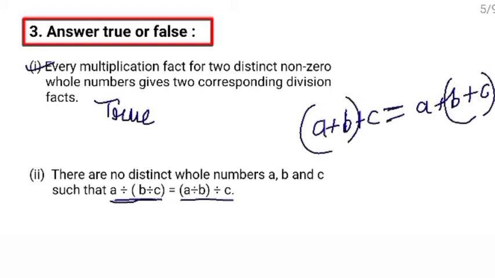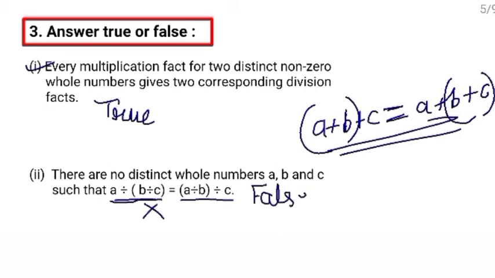We get the same answer. This is called associative property. But while explaining associative property, I told you that associative property only exists for addition and multiplication. It does not exist for division. So this is false. This can't be equal. ये equal नहीं होंगे.